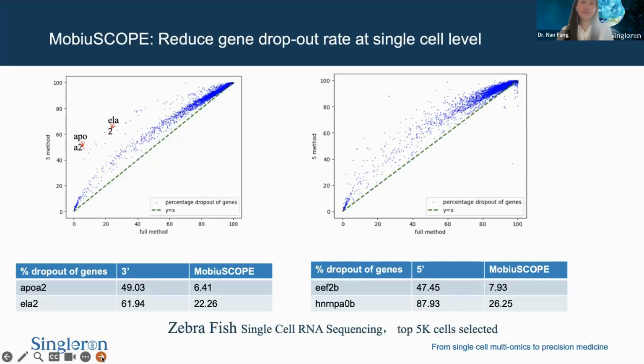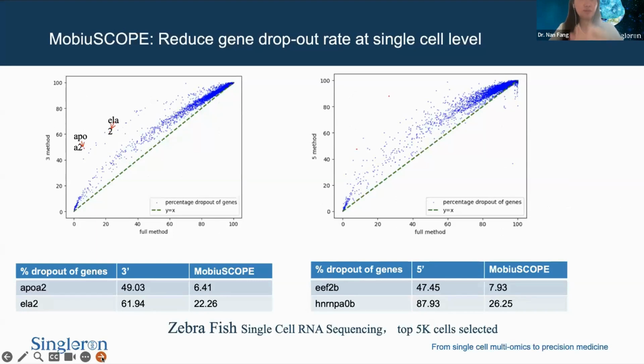So I talked about the application of MobiuSCOPE in discovering new splicing isoforms, in identifying fusion genes, and also in identification of expressed SNPs and expressed mutations, no matter at which position on a gene they are.